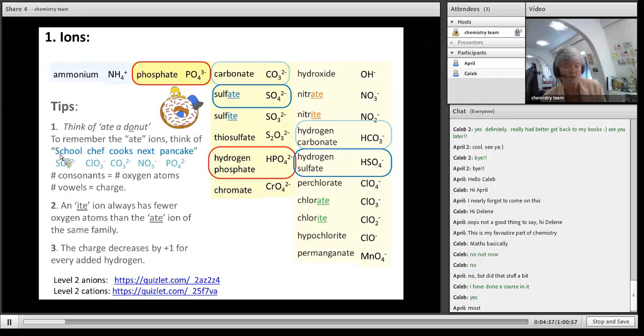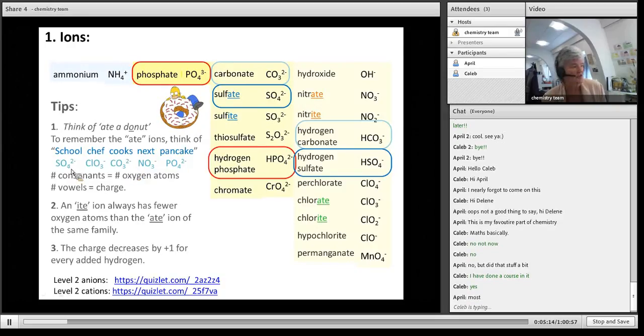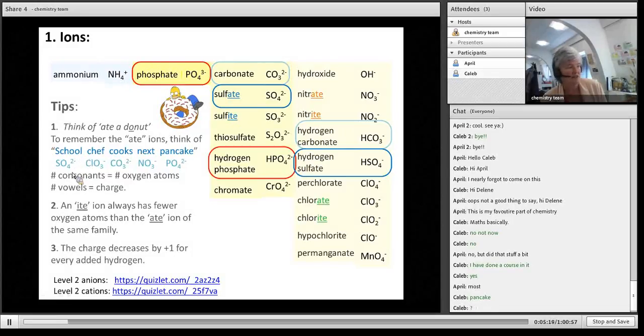So if it's got 2 vowels, it's got a charge of -2, because this is only applying for anions, so it's minus. The consonants are for the number of oxygens. So if it's got 3 consonants, it's got 3 oxygens in. So school, you'll see it's 2 vowels, 4 consonants, so it's SO4, 2 minus.